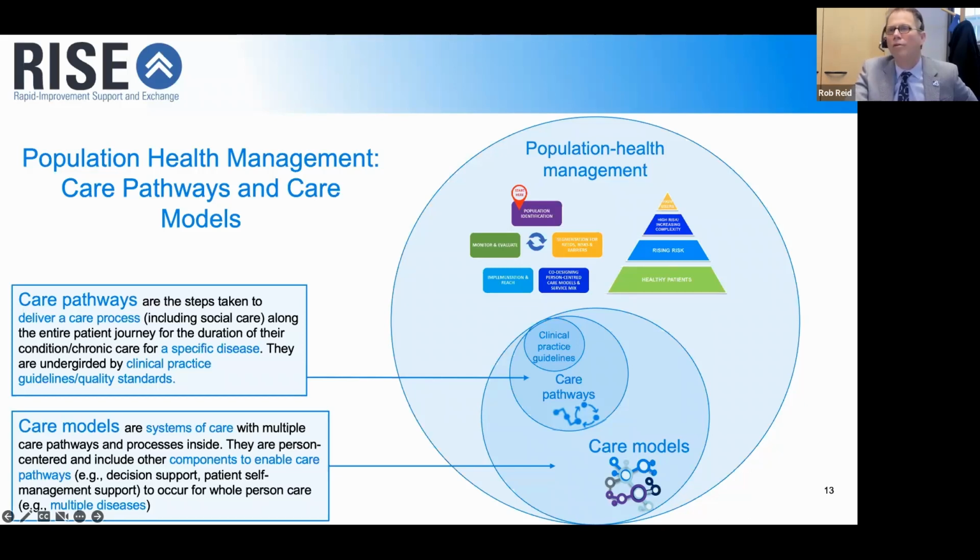There are very often very person-centered, include other components of care pathway, of components to enable care pathways. Care pathways fit within care models, and they're based on general clinical practice guidelines and quality standards, okay? They fit, as you can see in this diagram, in our population health management cycle, really in this co-design of care model phase.